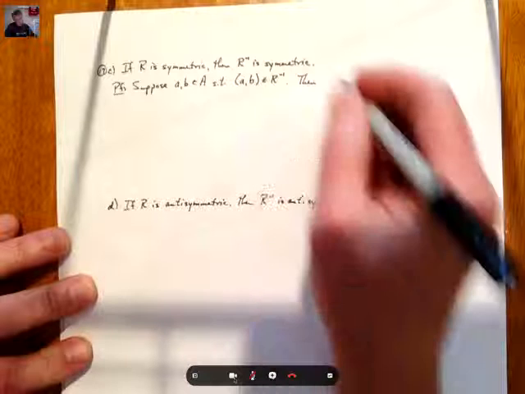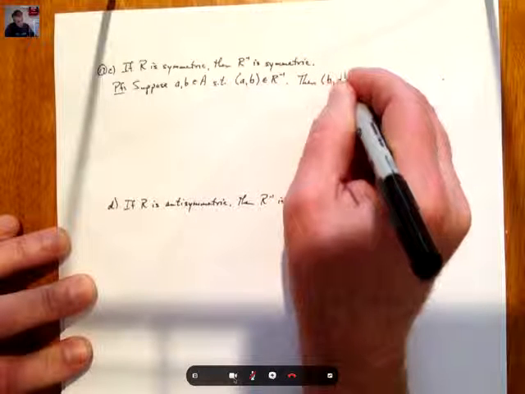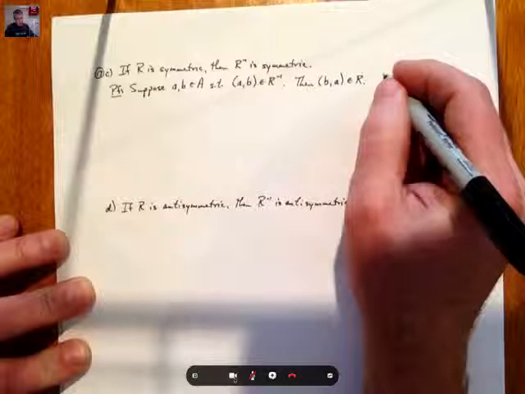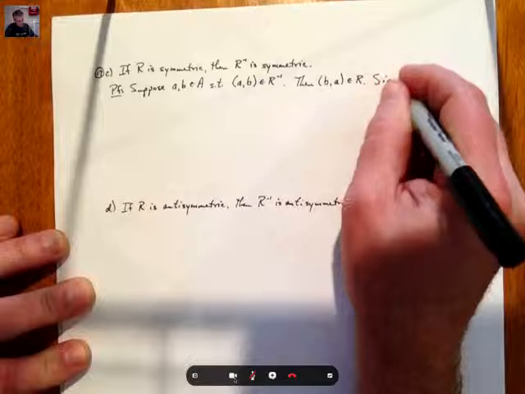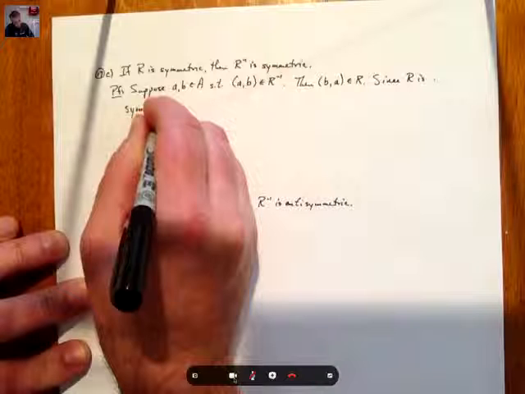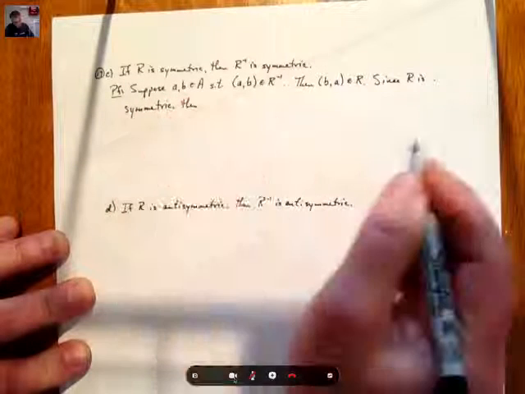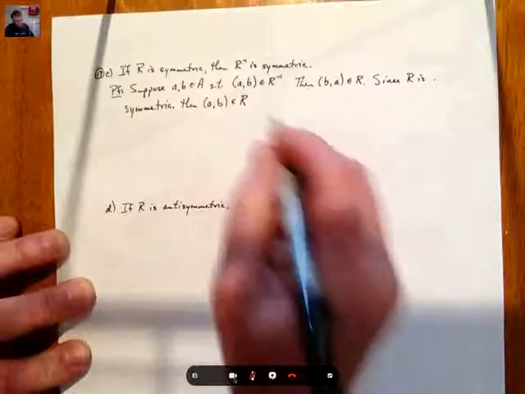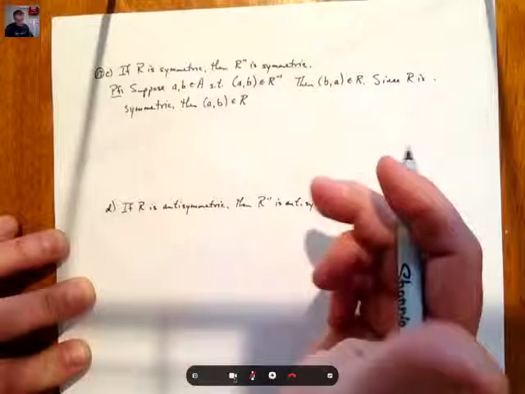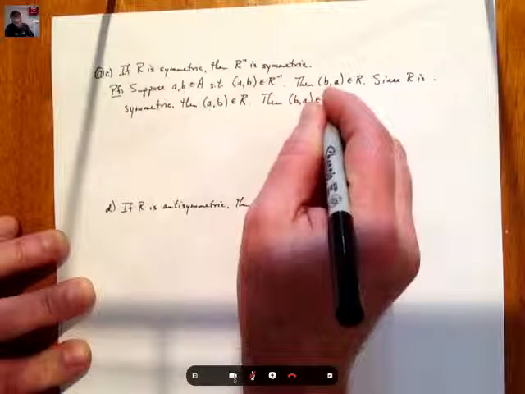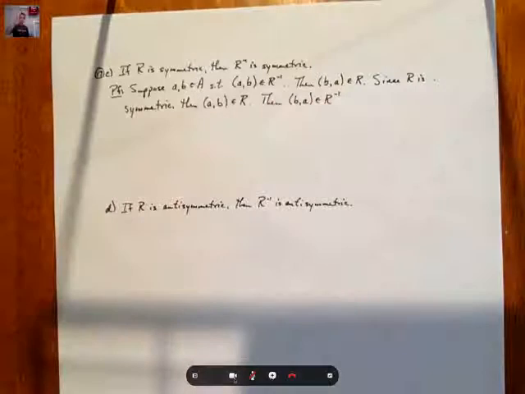Then that means we've got (b, a) in R. And then since R is symmetric, we've got (a, b) in R. And then that means we've got (b, a) in R inverse, because that's what inverse is.